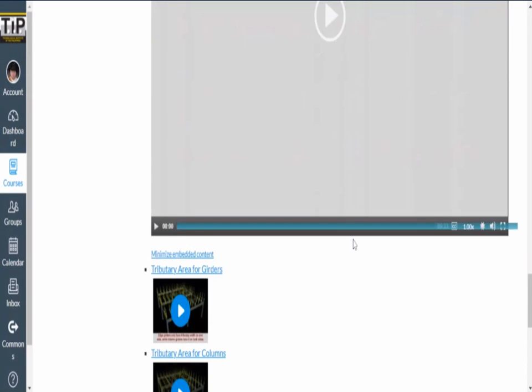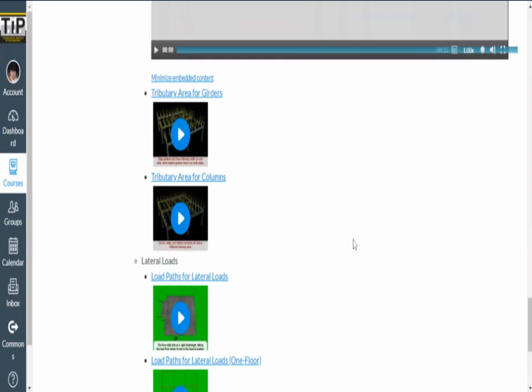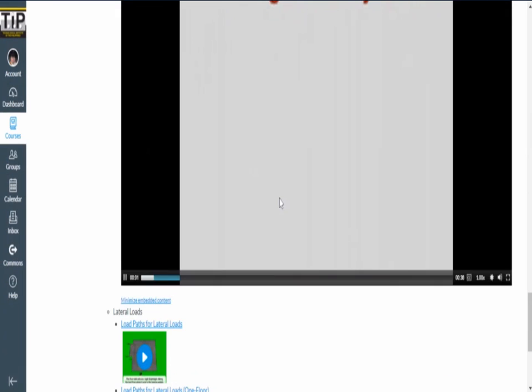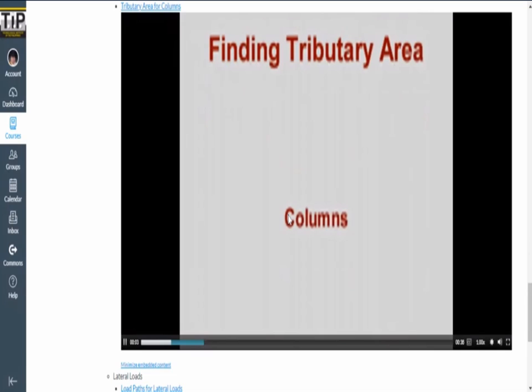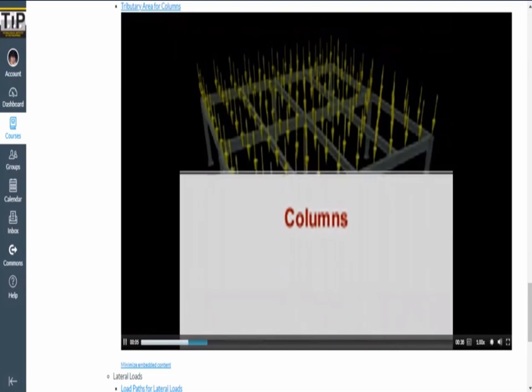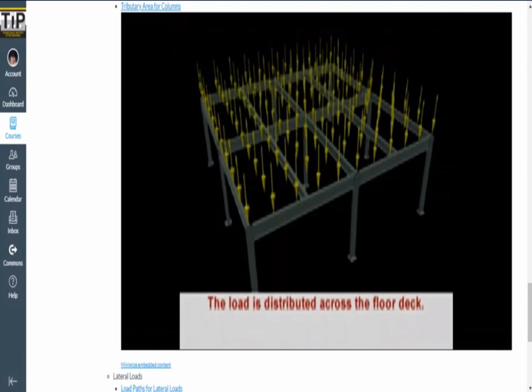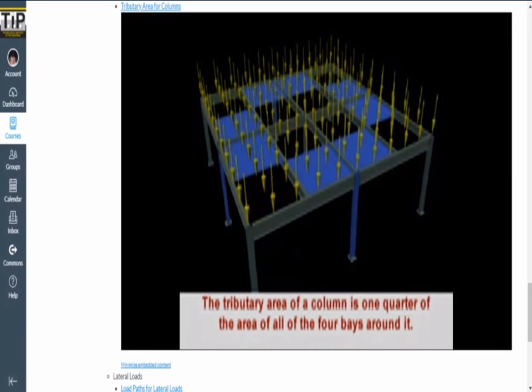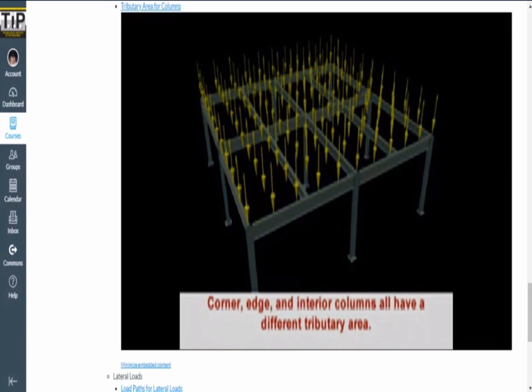And next, for girders, it's pretty much the same. And then for columns, that's how it goes.